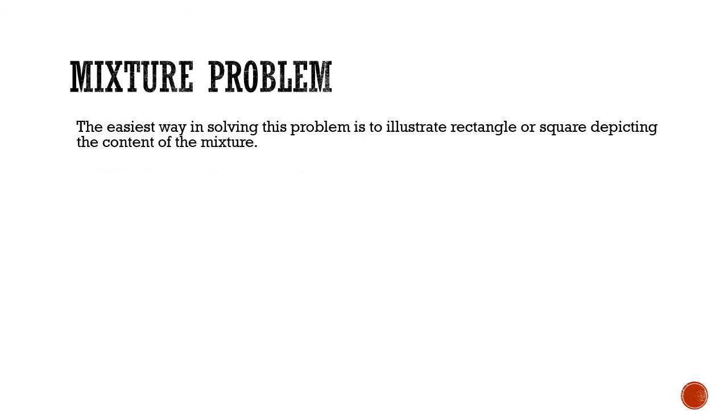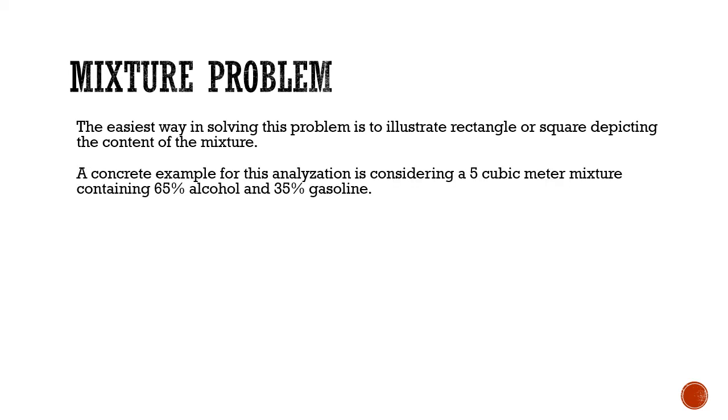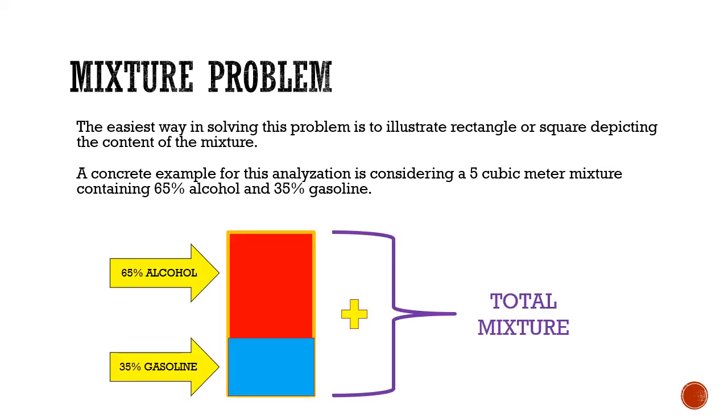Mixture problem. The easiest way in solving this problem is to illustrate a rectangle or square depicting the content of the mixture. A concrete example for this analysis is considering a 5 cubic meter mixture containing 65% alcohol and 35% gasoline. Dito, pinapakita lang na yung red rectangle is the alcohol which has 65%.